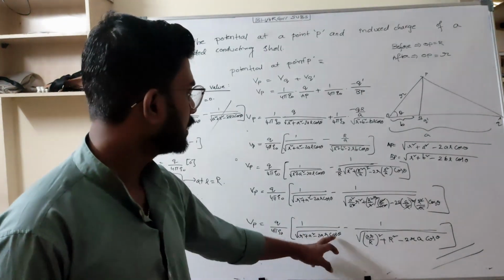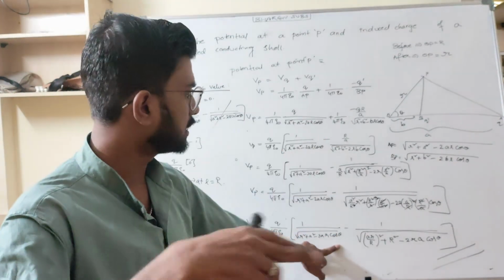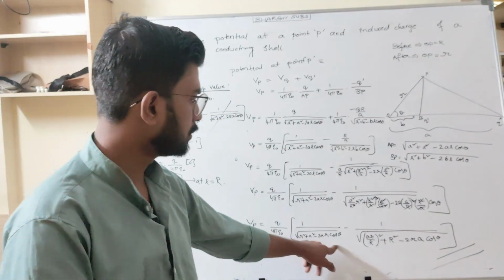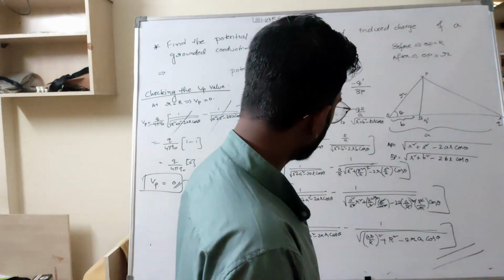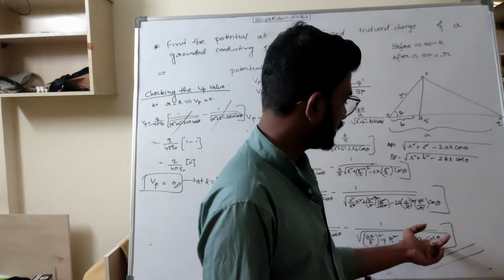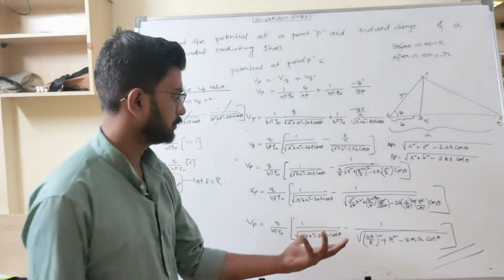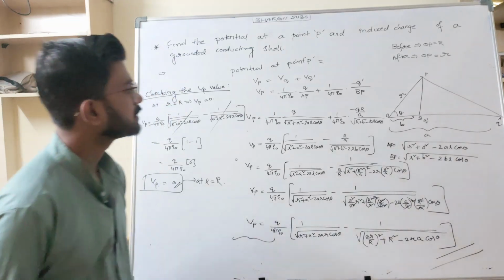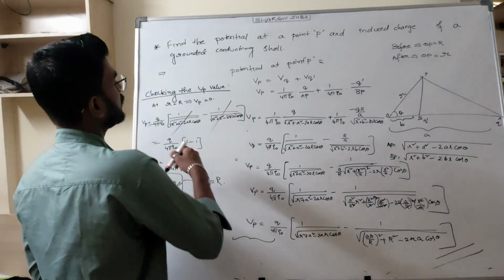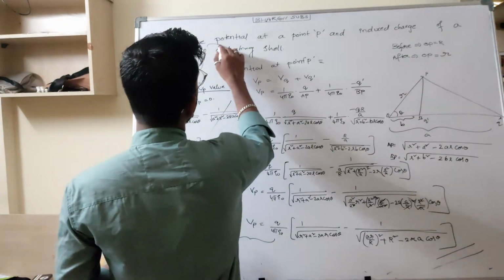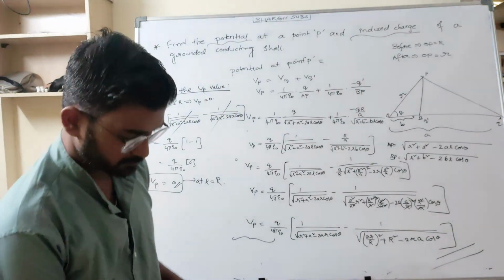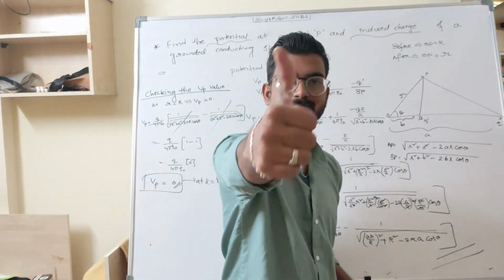So 2 into a cos theta, the angle at which the point P was present, you have to find at point P. The angle you know, the radius you know, the smaller distance you know, a you know, like initially you know all the values, so you can find the potential at point P, correct? So finally we got the potential at point P and the induced charge. Yeah, thank you.